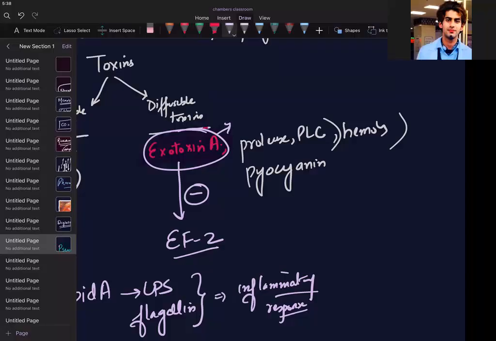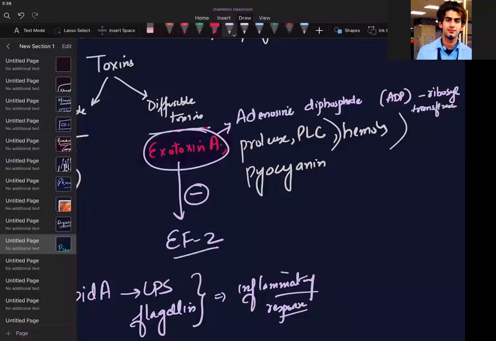But if they ask you what it actually is, it is an adenosine diphosphate ADP ribosyl transferase. What is exotoxin A?